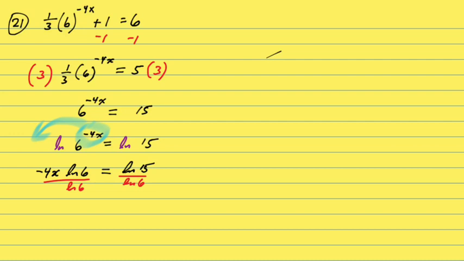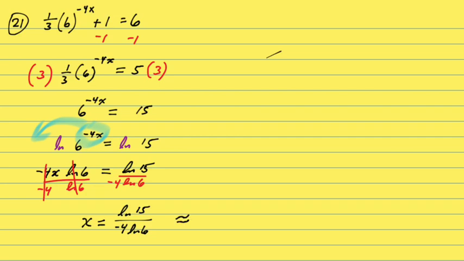You could actually divide by -4 ln 6 if you wanted, because those would all cancel, right? And that would leave me with my result or answer of x equals the natural log of 15 divided by -4 natural log of 6.